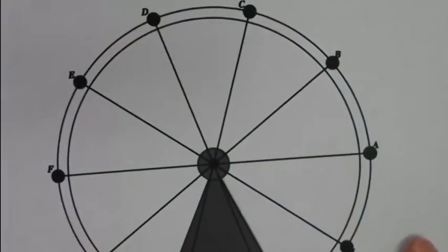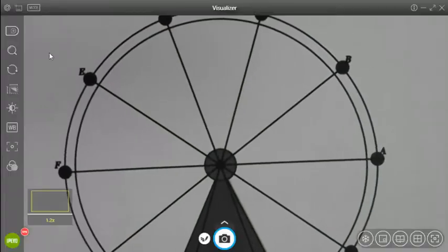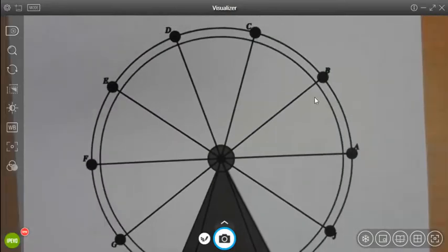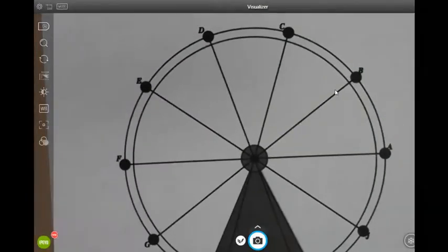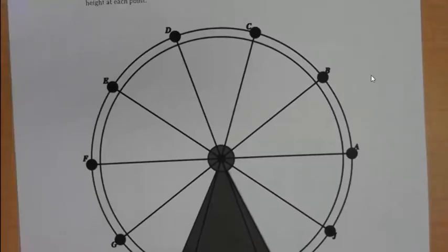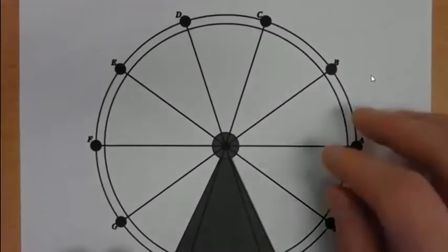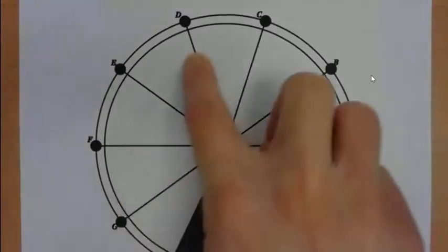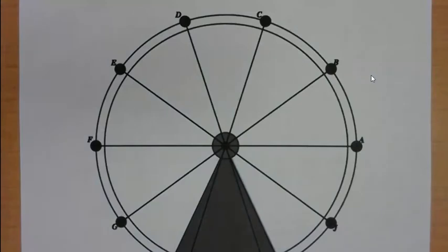It might be easier to see if we zoom out just a tad. And we have each of these spokes, so you can see the spokes as they go around the circle. All of those are going to be the same distance from the center. They're all 25 feet for the radius of this Ferris wheel.